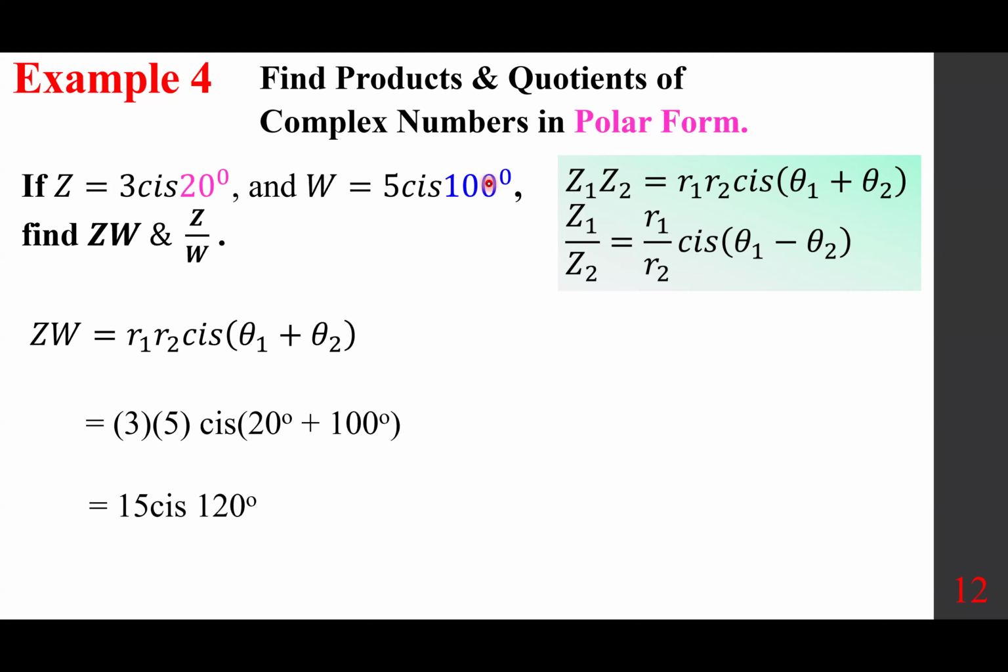And we don't have to take it to standard form. They didn't ask. If they did, you apply 15 times cosine of 120 plus i sine of 120 to figure out the answer. Okay.